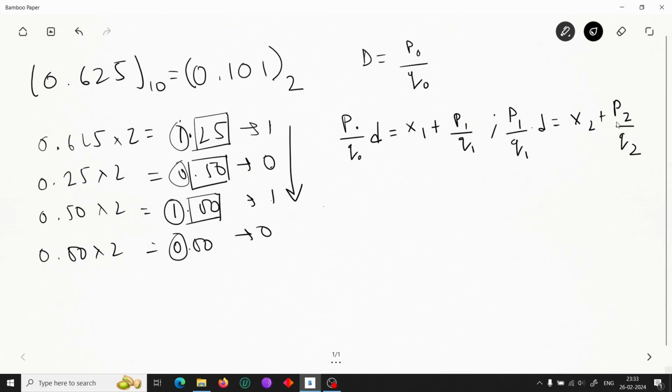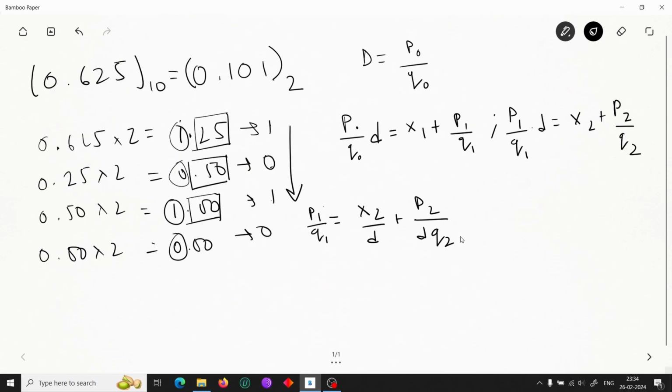Okay, now what we are going to do is solve this equation by taking the d to the other side. So p1 by q1 now becomes x2 by d plus p2 by d q2. Okay, this much is clear, I guess.